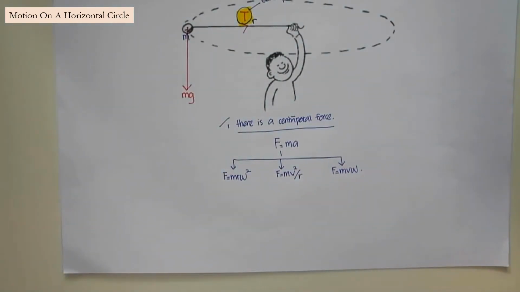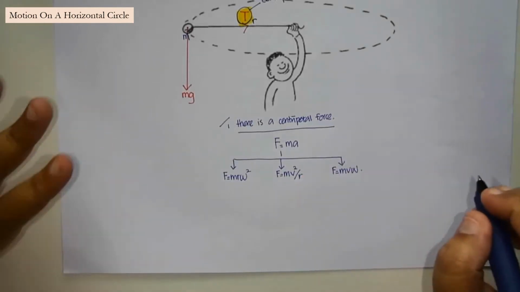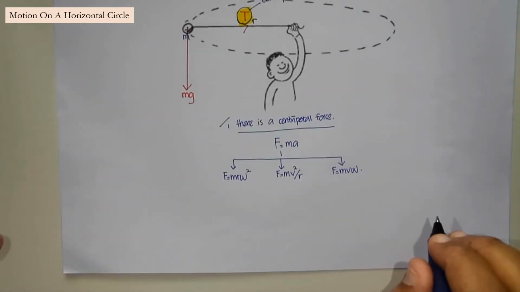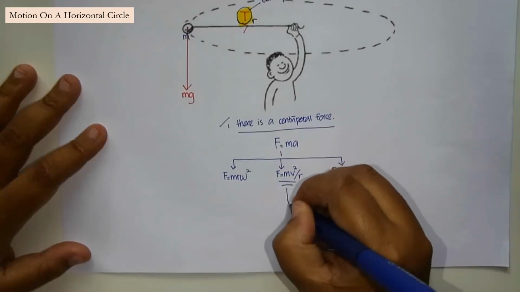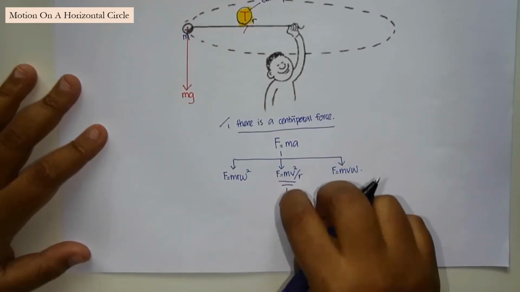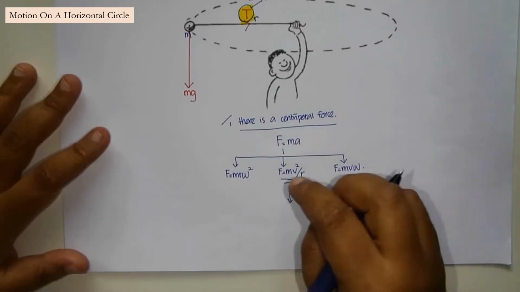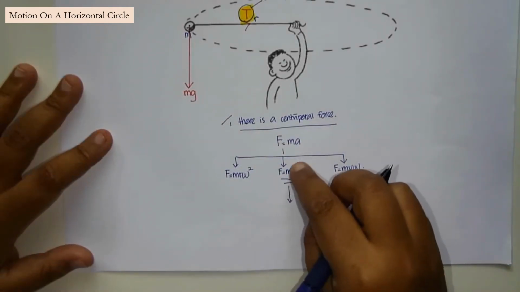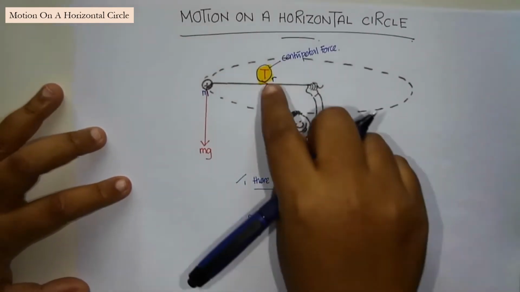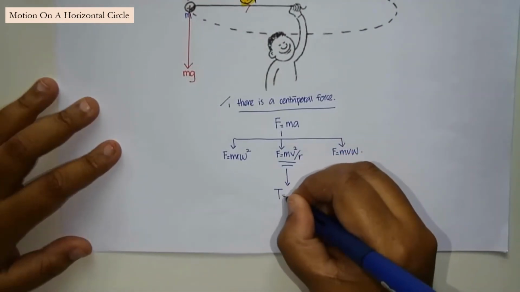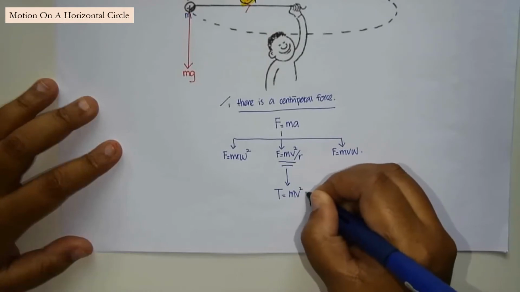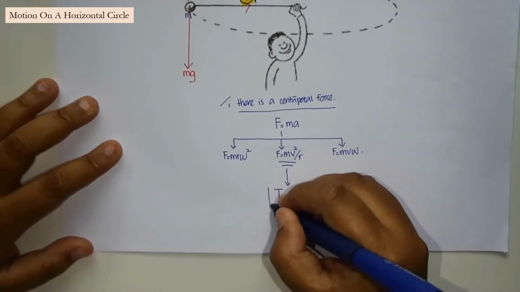In this example, I'm just going to follow whatever the book has done, so I'm going to use this formula. Here the centripetal force is mv square over r, and in this diagram the centripetal force is the tension. So I can say T equals mv square over r.